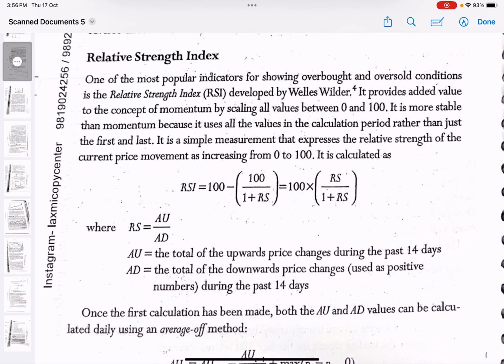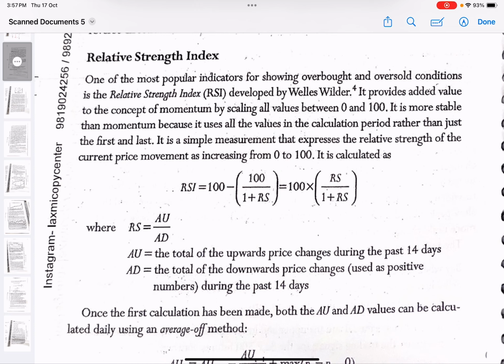When Wells Wilder created this, one thing which made it easy for us was that the values are only going to be between 0 and 100. The values will not exceed these, and that's the way it has been created. It is a simple measurement that expresses the relative strength of the current price as increasing from 0 to 100.